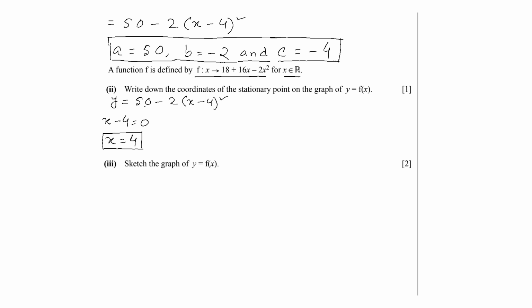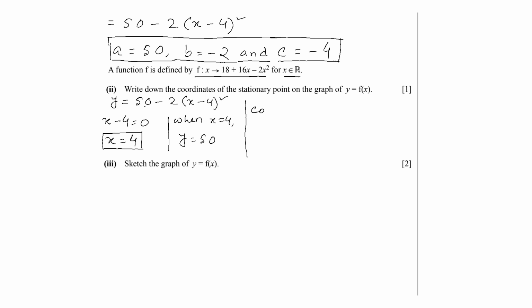Now let me try to find the y coordinate of the stationary point. When x is equal to 4, the value of y is equal to 50.